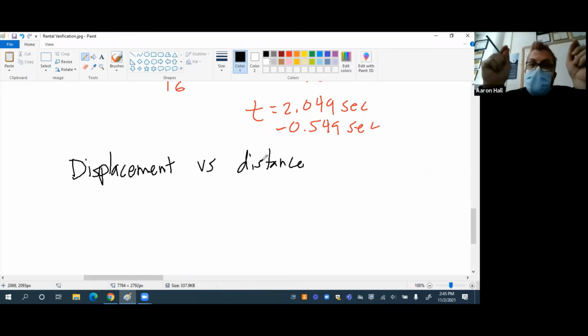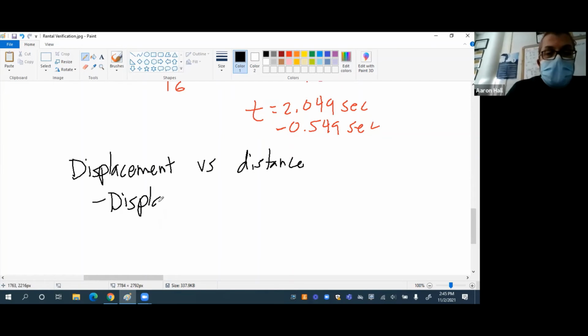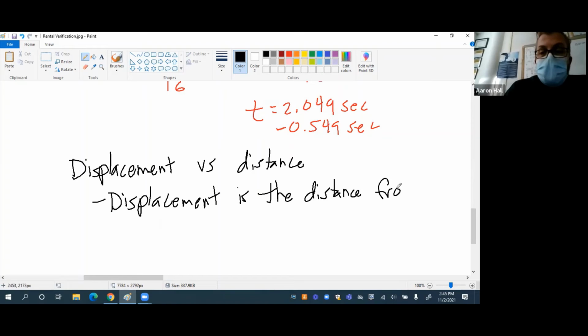We're just talking about the distance you are away from whatever your starting point is. So the displacement is the distance from a particle to the origin.